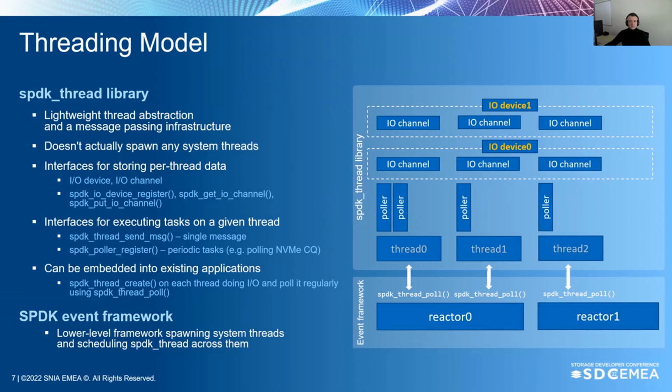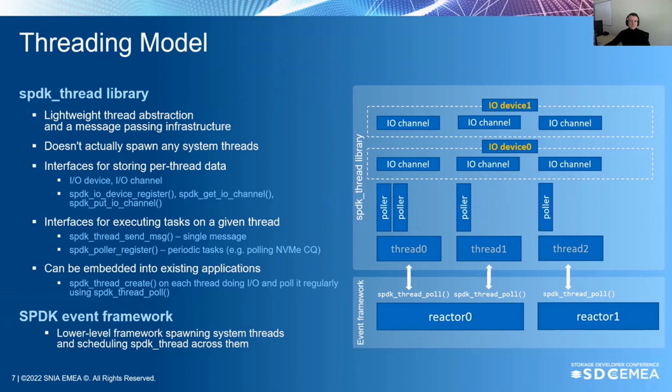Of course, the applications that we have in SPDK also need a framework like that. So we've implemented our own called SPDK event framework. And as I've just described, it creates pinned POSIX threads on each CPU core the application is supposed to be running on, and then schedules and polls SPDK threads across them. And this SPDK thread library also provides several very useful abstractions.